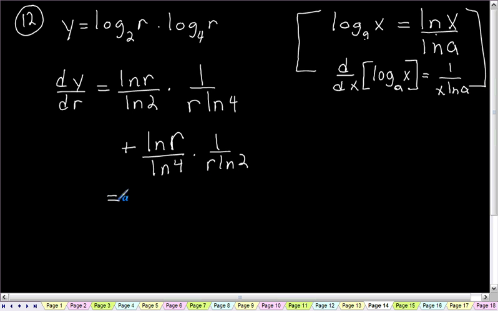Simplifying this, multiply, you get ln of r. Multiplying across the bottom, we get r ln of 2 times dr.